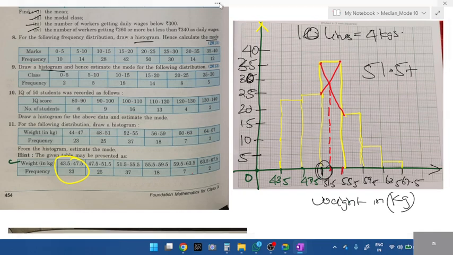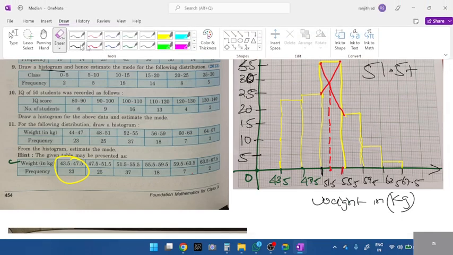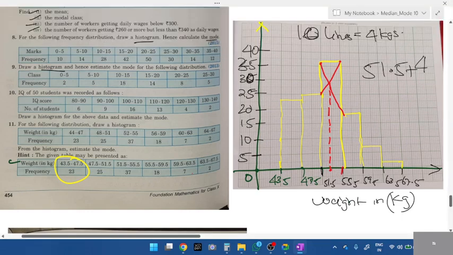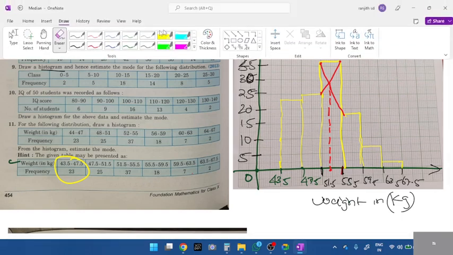After that, how many lines did you get? 4. Is it correct if I add 51.5 plus 4? But that value is the next part, right? It's at the end of each box. 55.4 is wrong. Up to 51.4 you will keep.